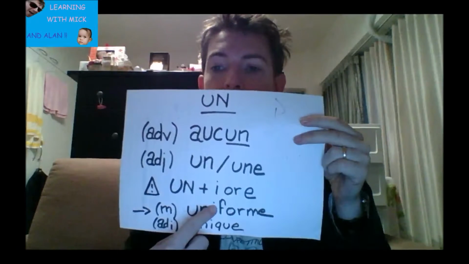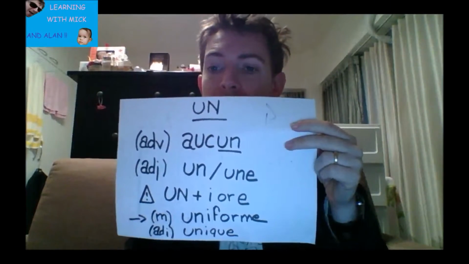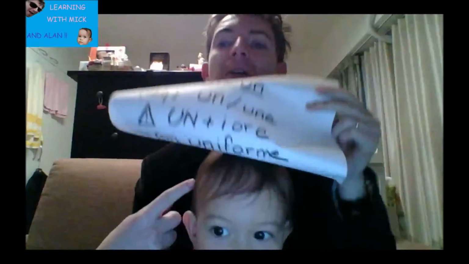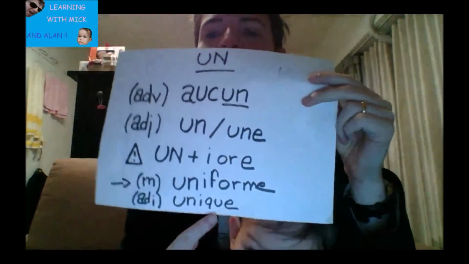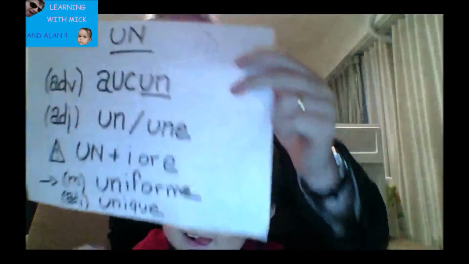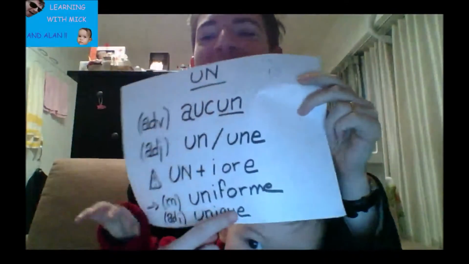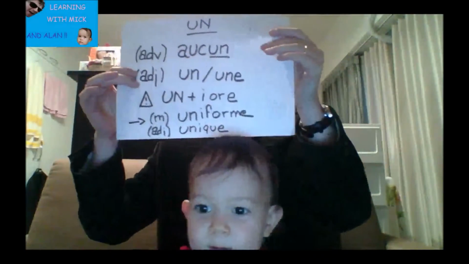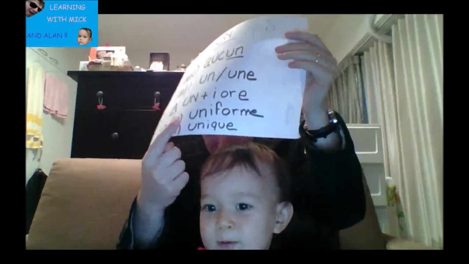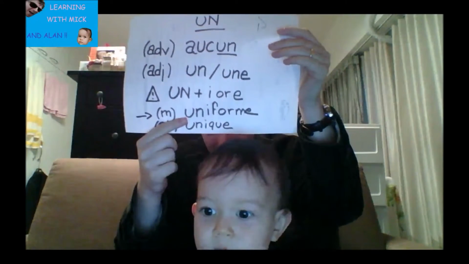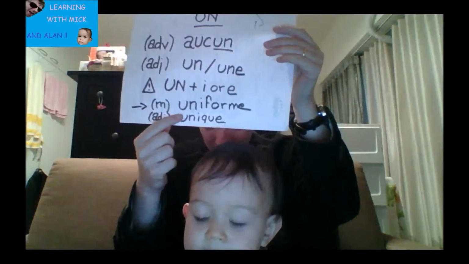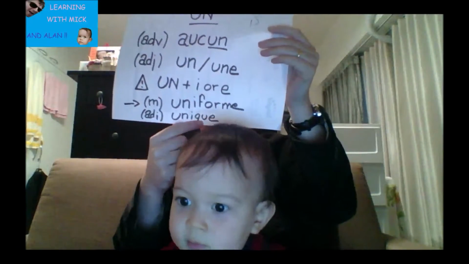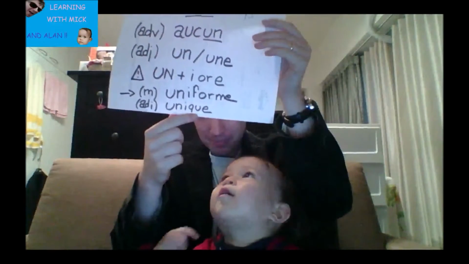So also if un is followed by a vowel, the letters become independent, such as in two words that also exist in English. Uniform. See, it's U, it's not un. Or unique. It means unique. And please forget about the English U sound.